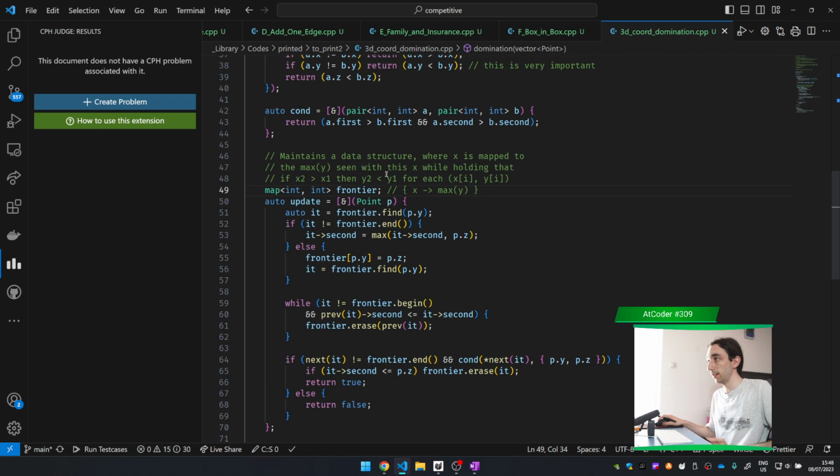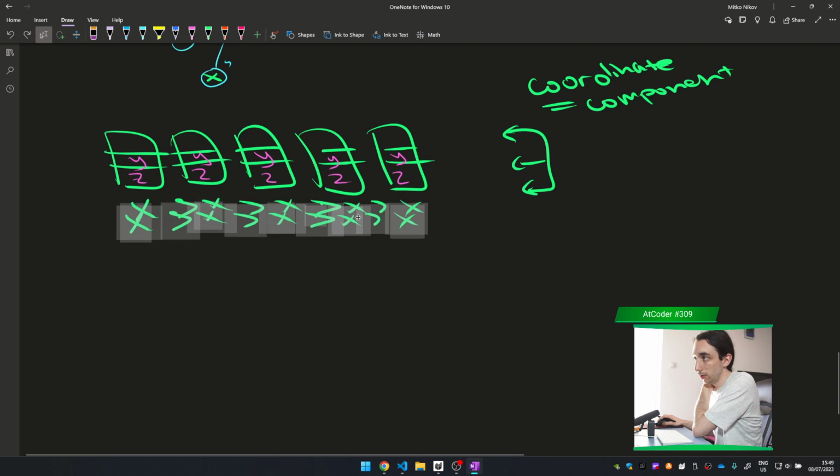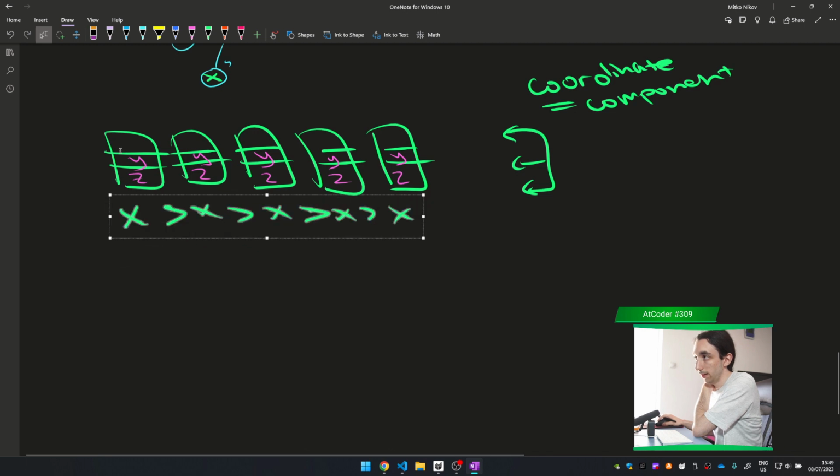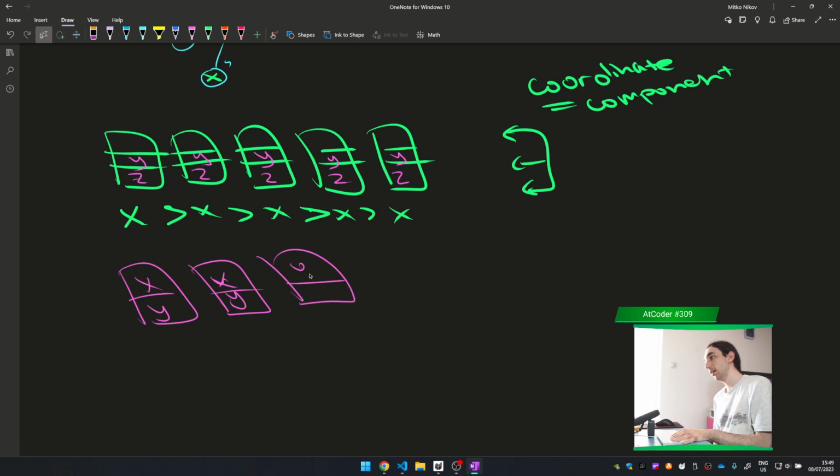Here I rewrote this now as x and y. So what I did is I got rid of this x, and then I renamed y and z as x and y. So now we only have points x and y that we have to check domination between.